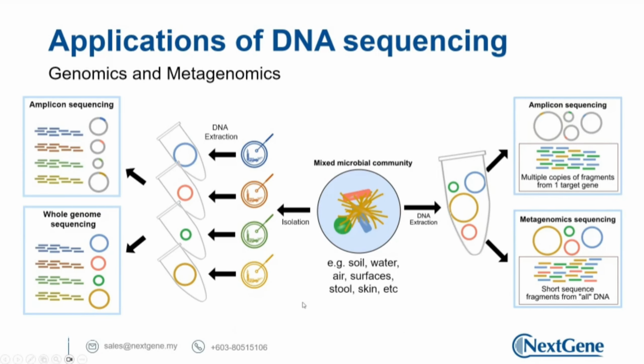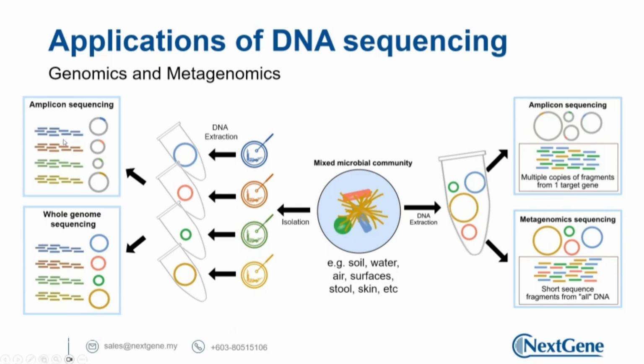So sometimes people might be confused when we simply talk about amplicon sequencing. We need to understand further whether it's in the context of genomics or in the context of metagenomics. Metagenomics and also amplicon-based, targeted metagenomics, we have covered in the sessions in previous weeks.